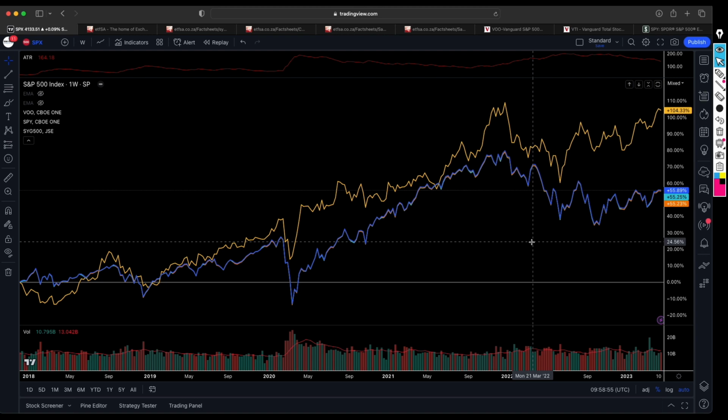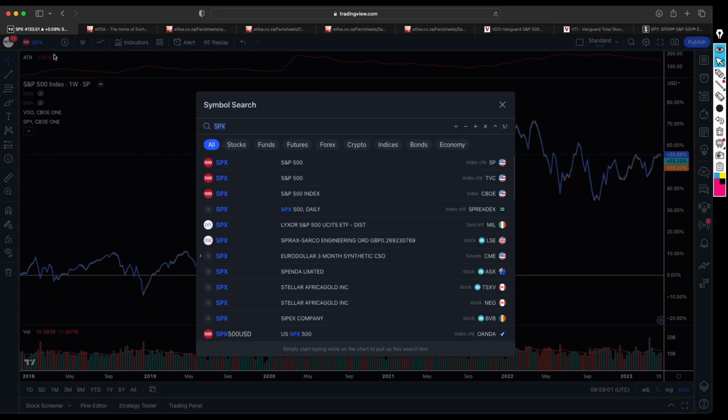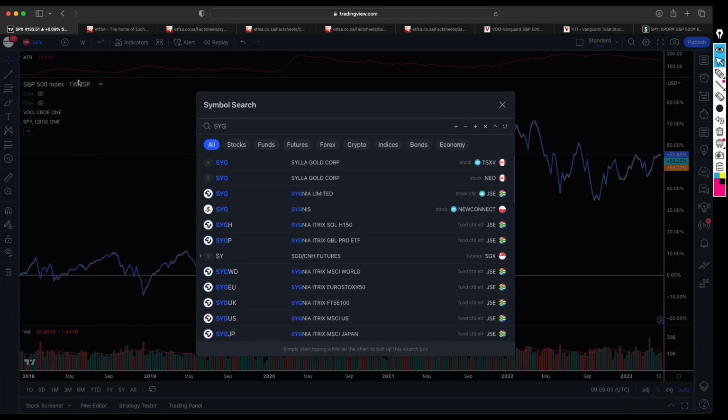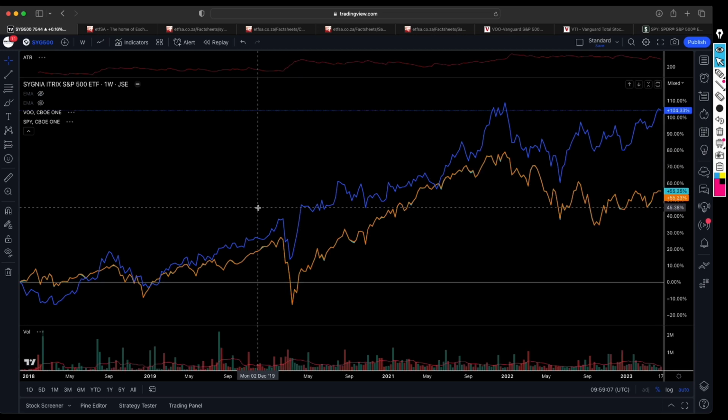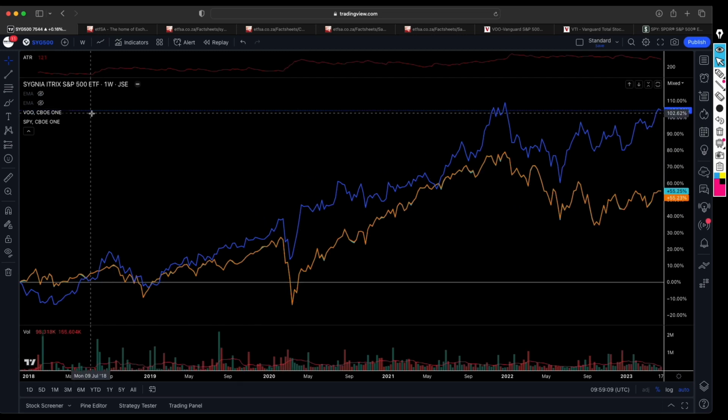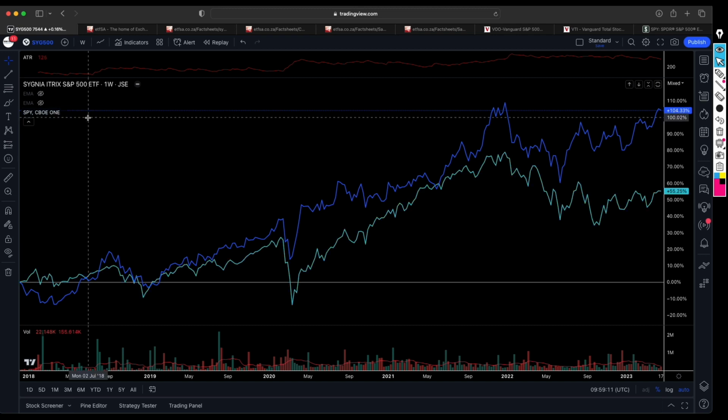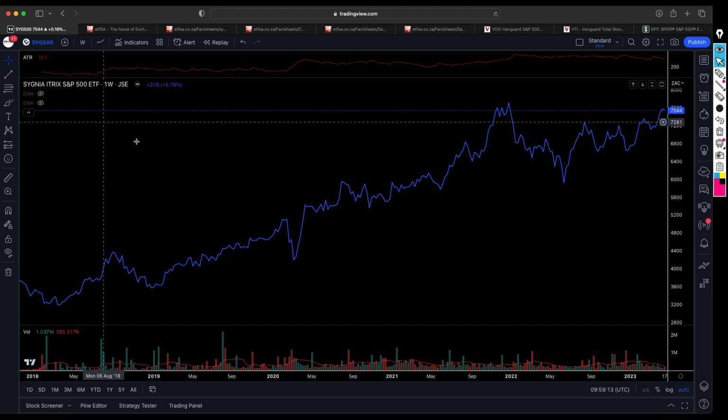So in terms of foreign currency conversion, it is not a fair comparison. For a fair comparison, we need to compare the Sygnia S&P 500 to any other ETF that tracks the S&P 500. So I will just remove everything else.